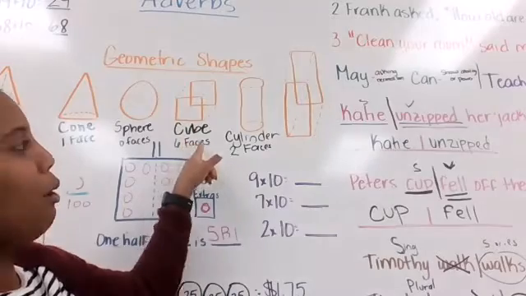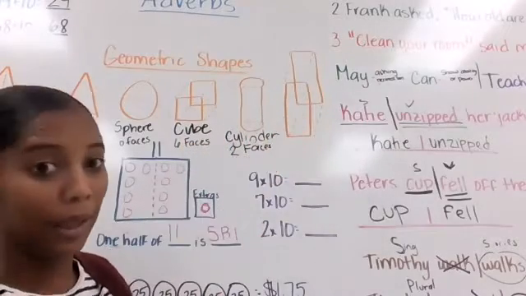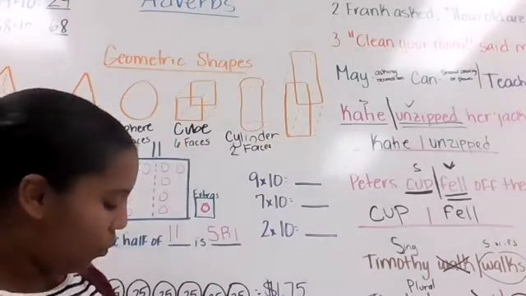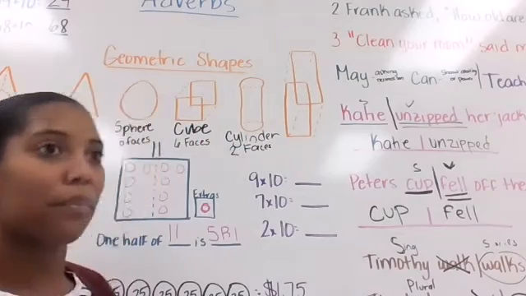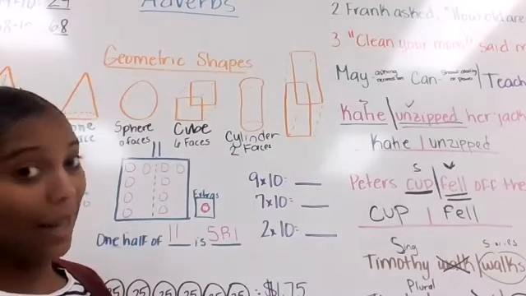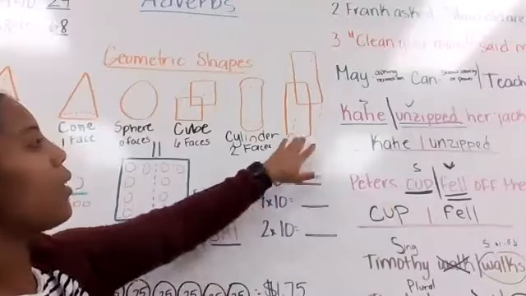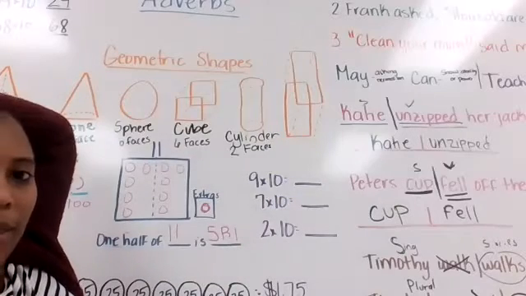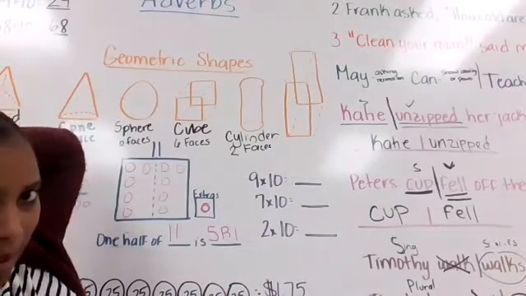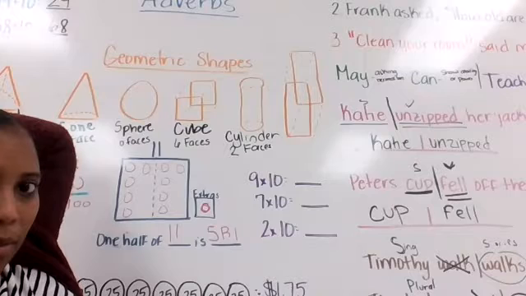Now this one, it's similar to a cube, but it's a little different. Well, a lot different. Similar to a rectangle. That's part of what it's called. Serenity, do you know what this one is called? It's similar to a cube.